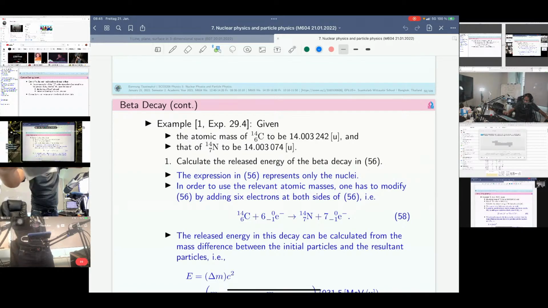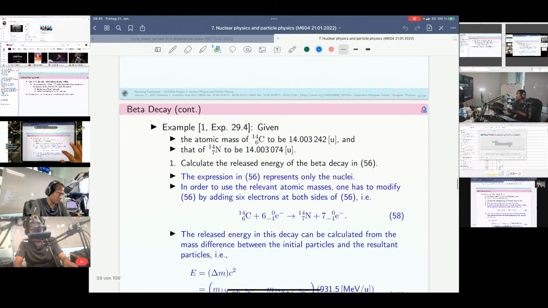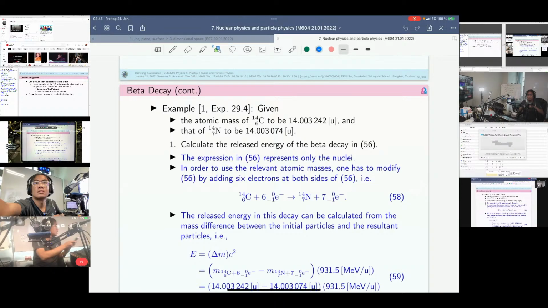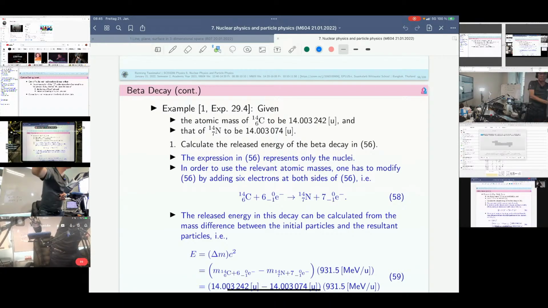Okay, yes, this is the beta decay. I don't understand why. Okay. HDMI. Okay. And here too. HDMI. Okay.